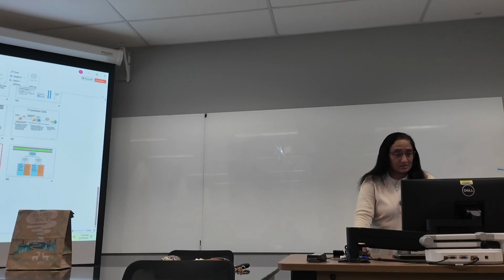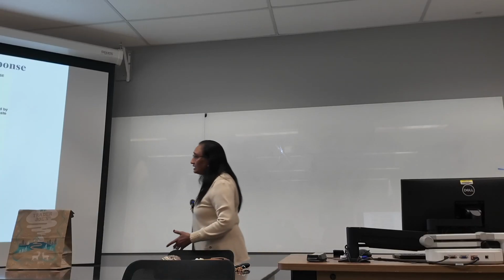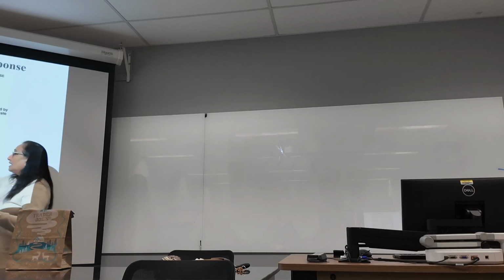We finished acquired immunity, both humoral and cell-mediated. I told you about this combined chart that shows you how for any infection, you're going to see both antibody-mediated immunity and cell-mediated immunity working together.